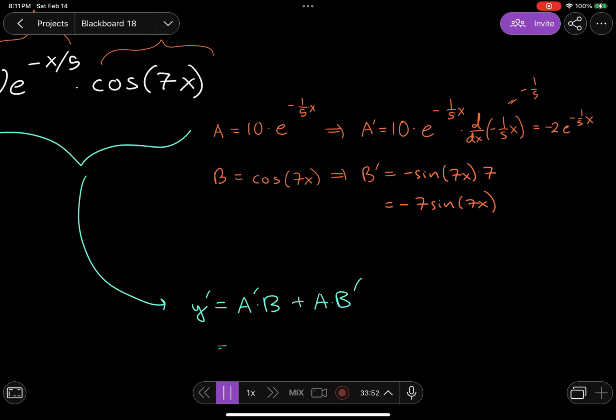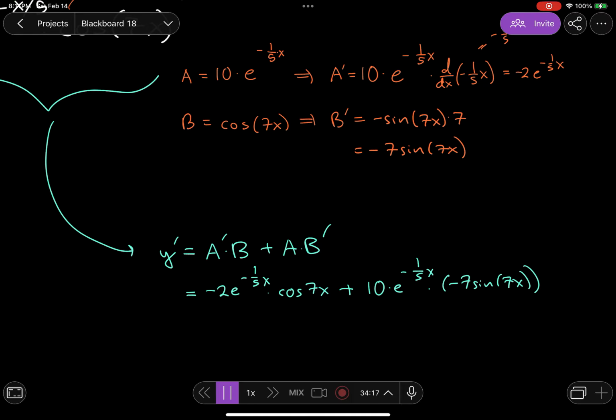So this is the same thing as negative 2 e to the negative 1/5 x times b, cosine of 7x, plus a, which is 10 times e to the negative 1/5 x, times b prime, which is negative 7 sine of 7x. Then we ask if we can make this look a little bit better. Is there any common terms? There certainly is.